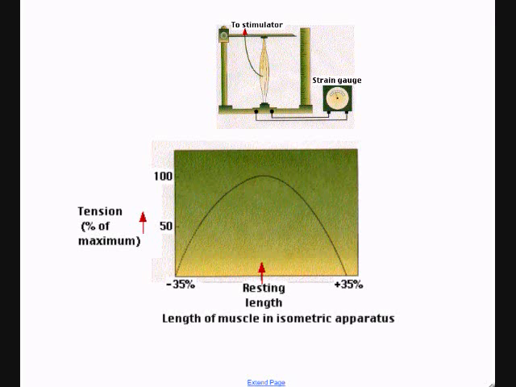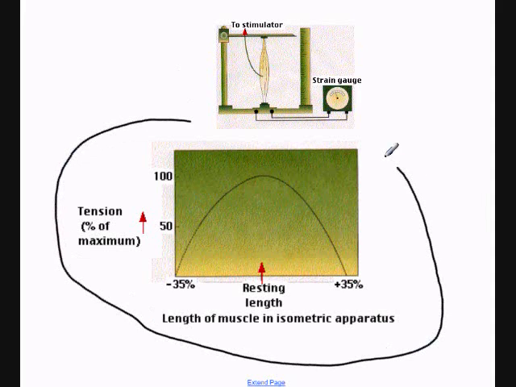Okay, so now we're going to take a look at what's actually happening. What you're looking at right here, this picture way down here on the bottom, is actually a tension curve for a muscle. So let's imagine that we are changing the length of the muscle here. Now, we discovered last time that as more cross-bridging occurs between myosin and actin, you should get more tension.